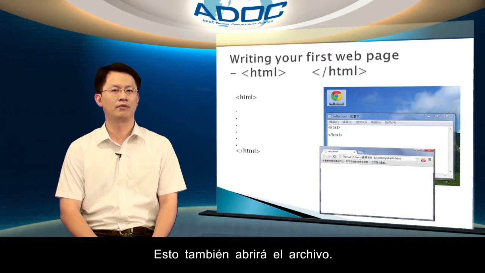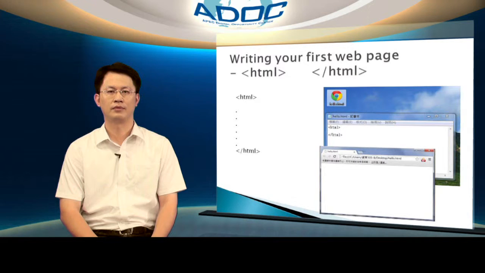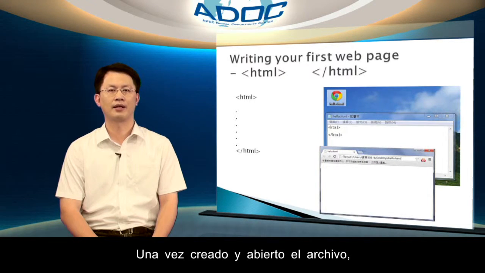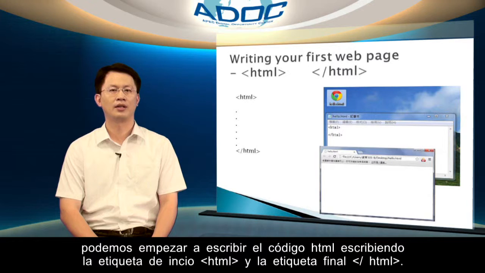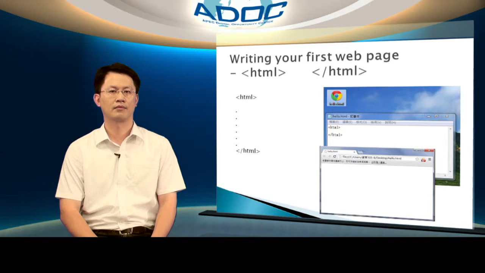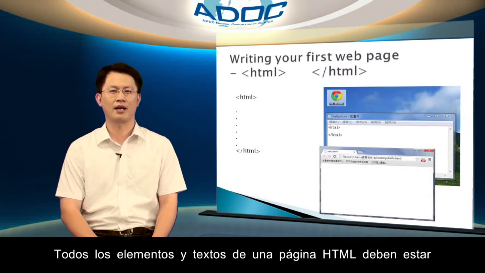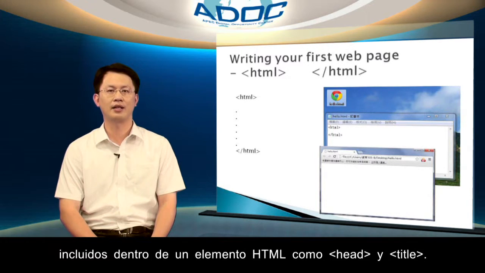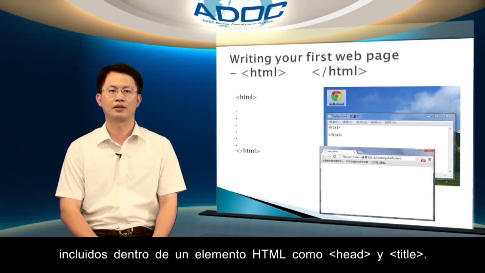It will open the file as well. After the file is created and opened, we can start writing our HTML code by typing the opening HTML tag and the closing /HTML tag. All elements and tags in an HTML page must be enclosed inside an HTML element, such as head and body.